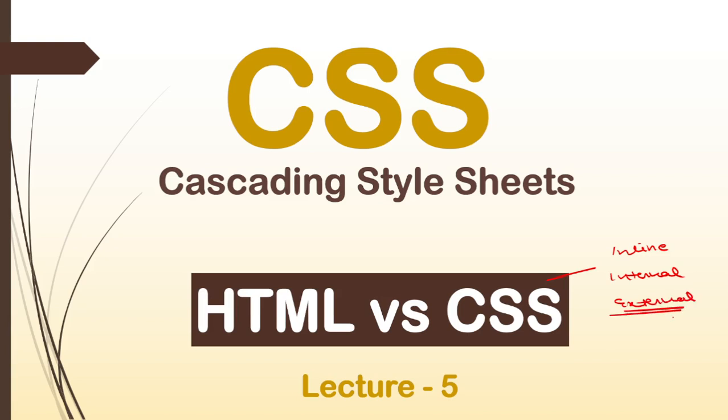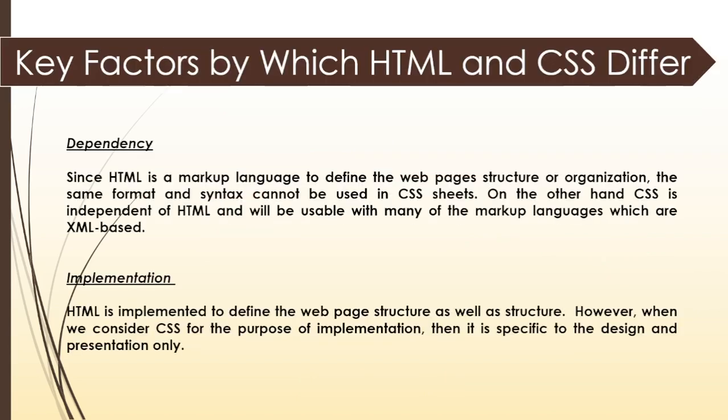Because we have different types of cascading style sheets, it may cause some complications. Next important point is HTML cannot be used with XML based markup languages, right? But CSS is not dependent on HTML and may be used with any XML based markup languages. So all these are minor differences between HTML and CSS.